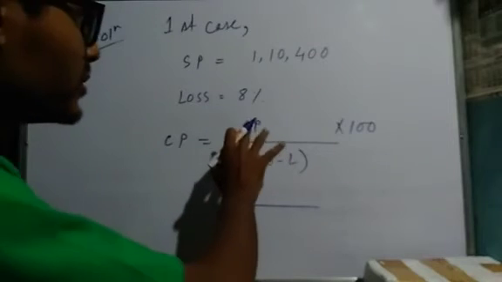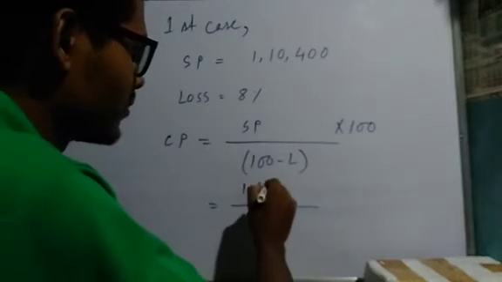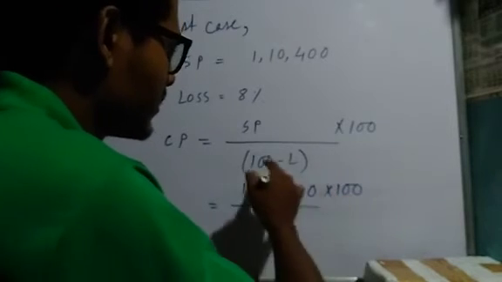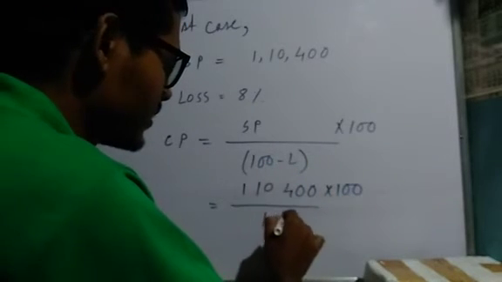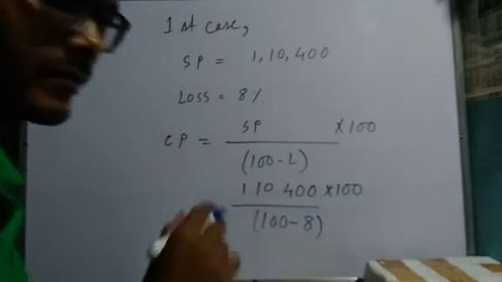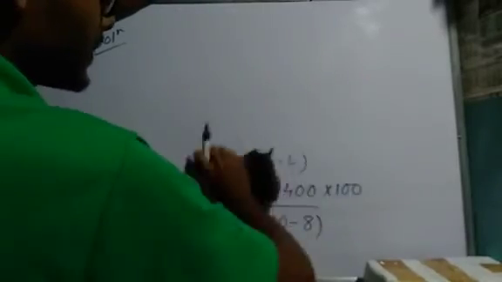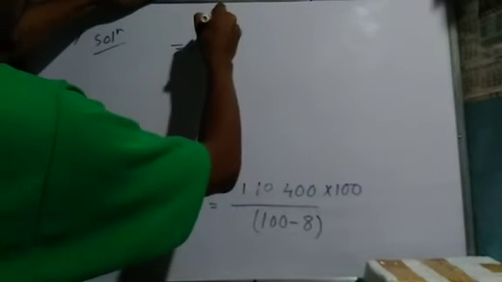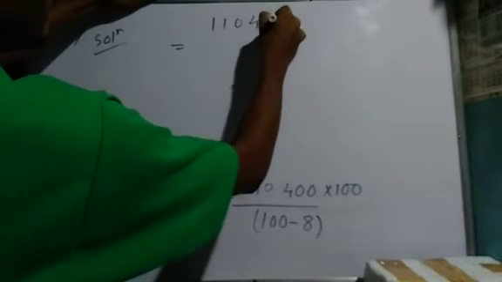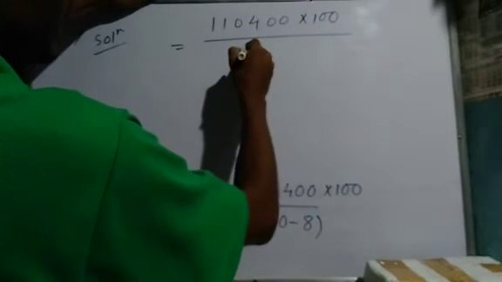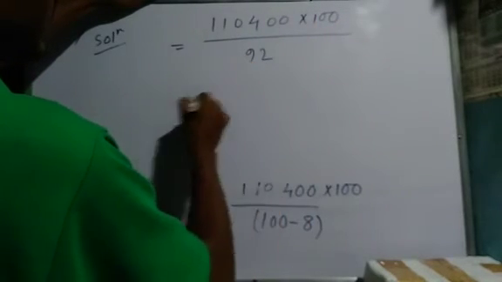We use this formula: 110400 multiplied by 100, by 100 minus L. Loss is given, 8%. So it will be 110400 multiplied by 100 by 92.